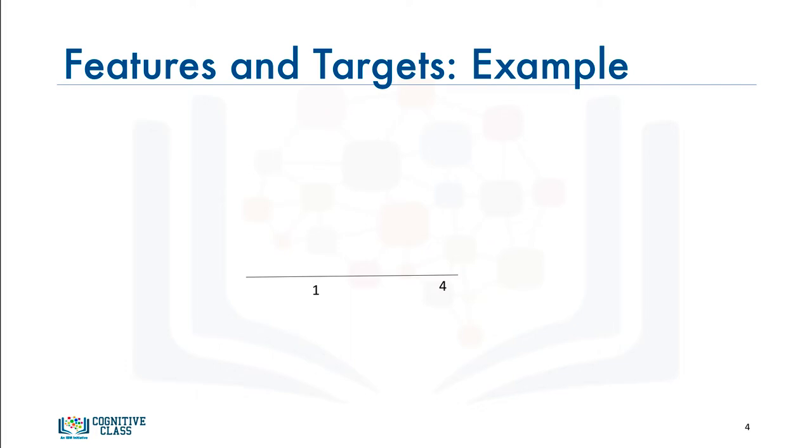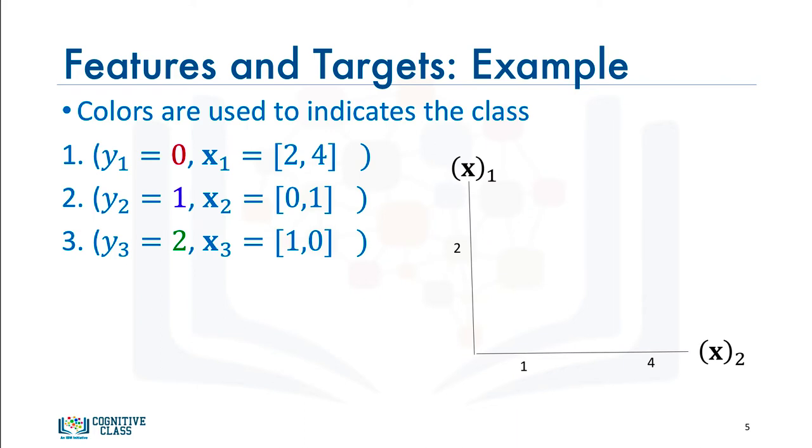For example, sample x1, or the first sample, has a value of 4 and belongs to the class red. Sample x2 has a value of 1 and belongs to the class blue. Sample 3 belongs to the class green and has a value of 0. We can plot these points in the 3D plane as well.